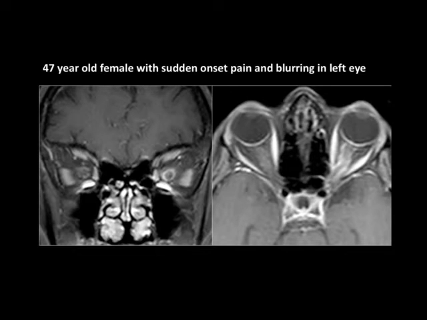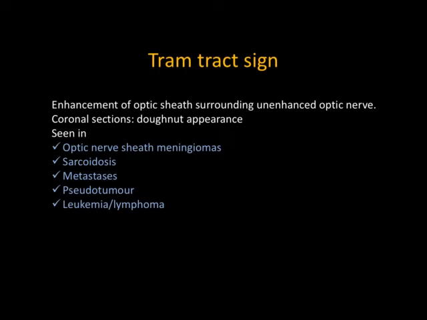Neuritis would be involvement of the nerve; perineuritis is the nerve sheath. The treatment is ultimately anti-inflammatory, but prognostically both are different. So basically it gives rise to the tram track sign. What are the differentials for the tram track sign?